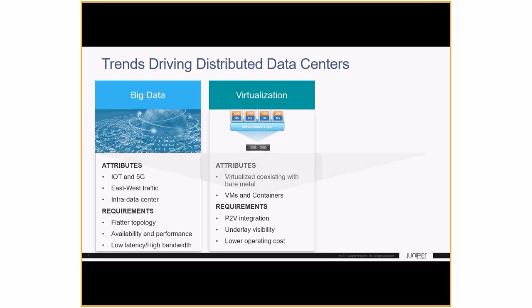And we'll deal with virtual machines or containers. We can look at the underlay with our switching infrastructure and our routing infrastructure, and we'll want to lower the cost by having centralized controllers that can now look at the network more holistically and program the network versus individual configurations that had to happen on all the devices previously.